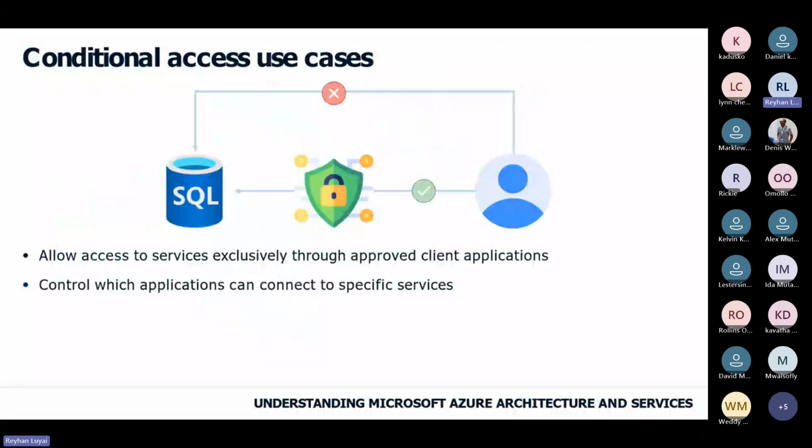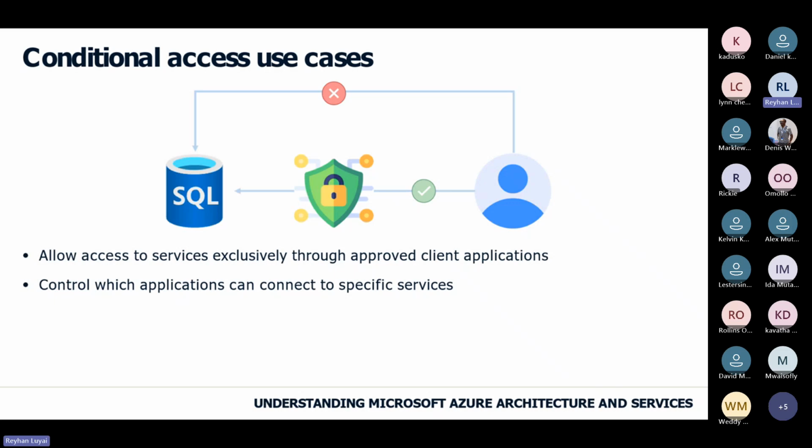You can allow access to services exclusively through approved client applications, controlling which application can connect to specific services. As an example, access to the database containing employee information and other sensitive documents should occur exclusively through the company's VPN, right?